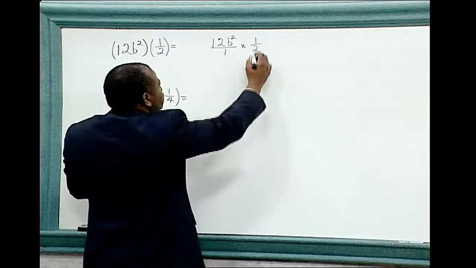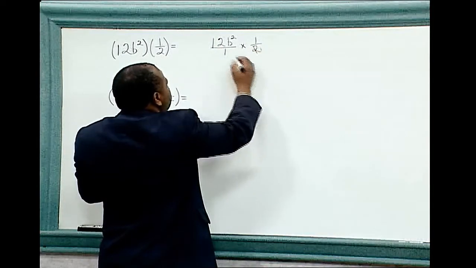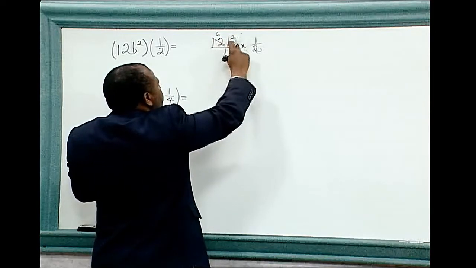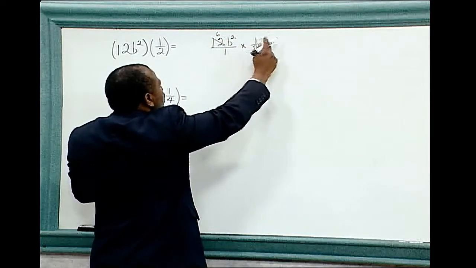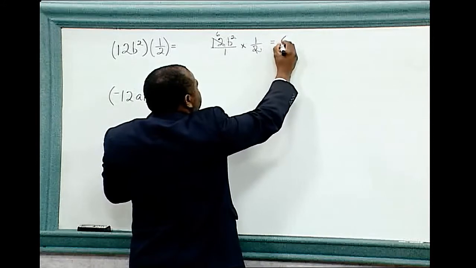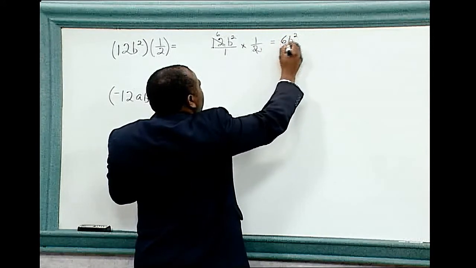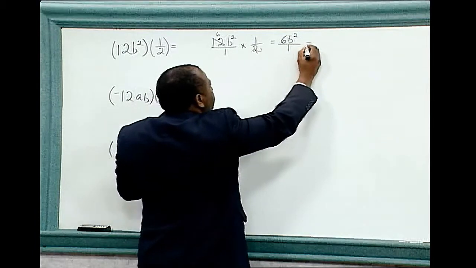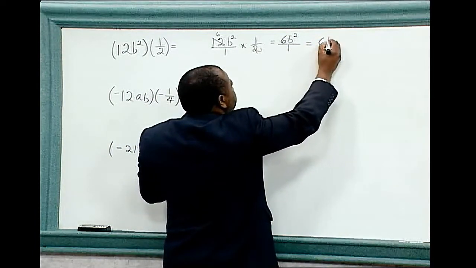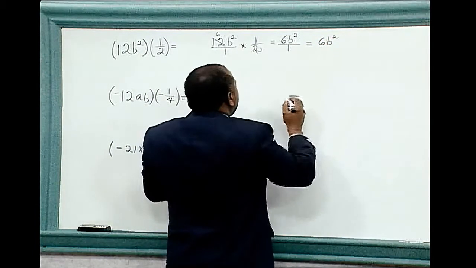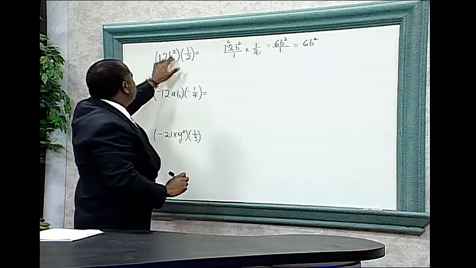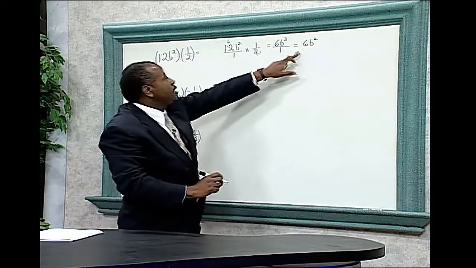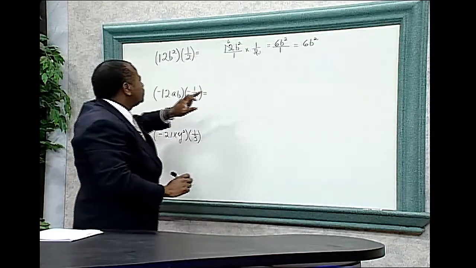So we can divide: 2 divides into 2 one time, 2 divides into 12 six times. 6b to the second power times 1 is equal to 6b to the second power, since 1 times 1 is 1. Therefore, 12b to the second power times 1/2 is equal to 6b to the second power.